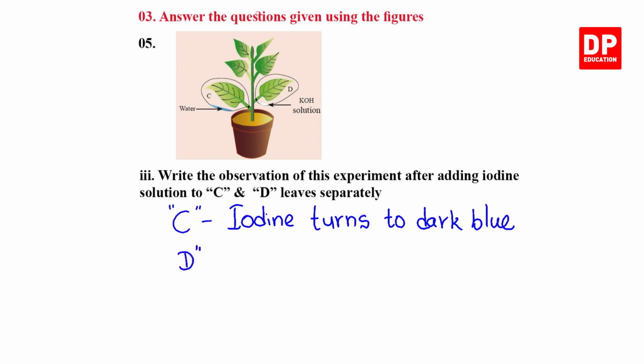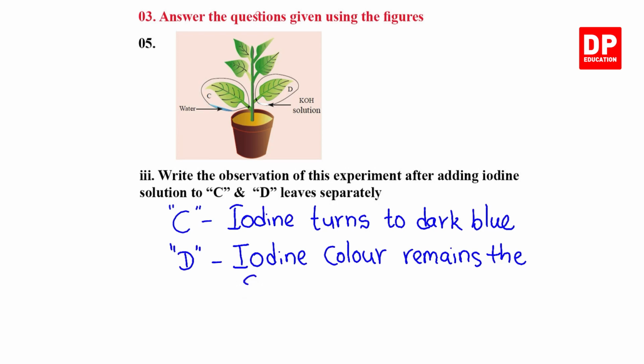To D, as there is potassium hydroxide, iodine color remains the same. Iodine color remains the same. No color change.